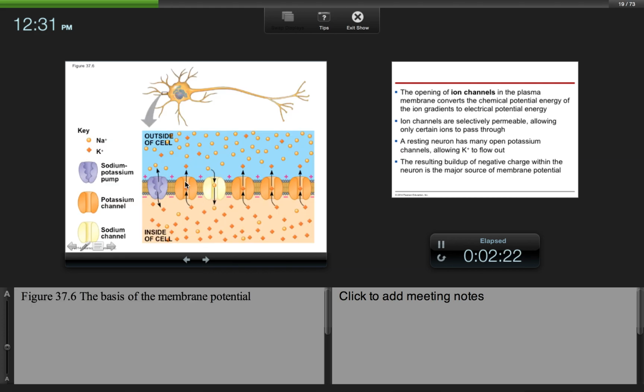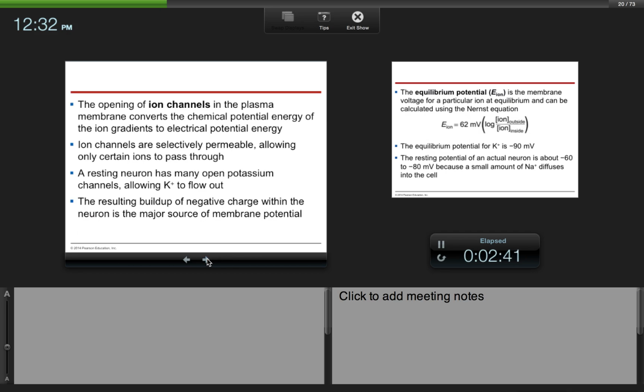As pictured here, you see many more potassium channels as opposed to sodium channels. So another reason why the inside of the cell is more negative than the outside, because you've got all these potassium ions that are leaving the cell. The resulting buildup of negative charge within the neuron is the major source of membrane potential.